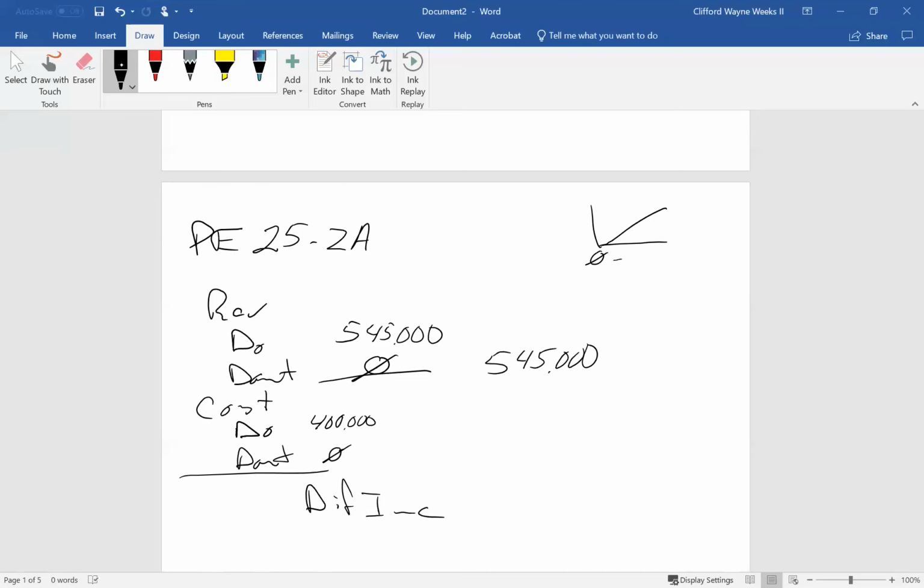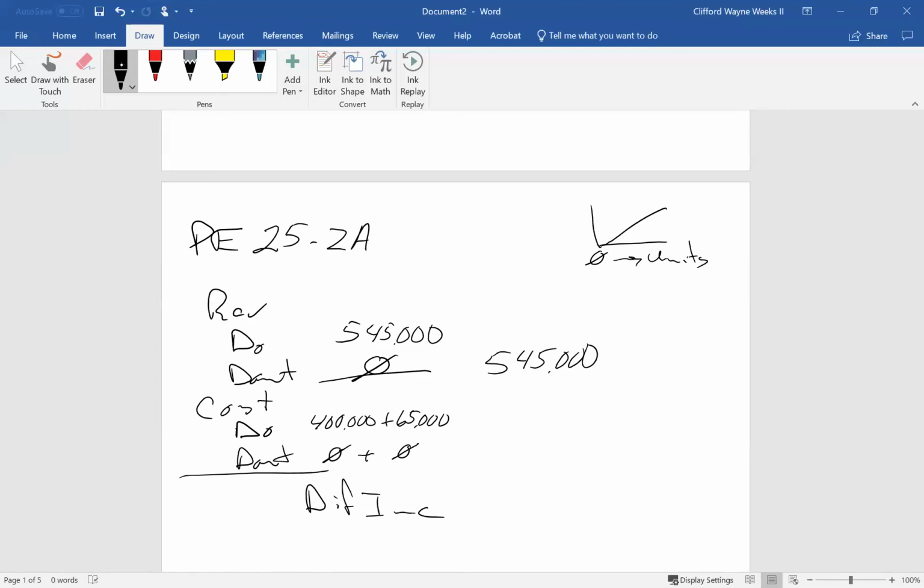The more units you do, the more costs you have. So if you do it, you're going to incur $400,000. If you don't do anything, you're not going to have that. Then we have variable selling expenses, 65. So we're going to add $65,000 here. If we don't do it, we're not going to have anything, again, because it's variable.